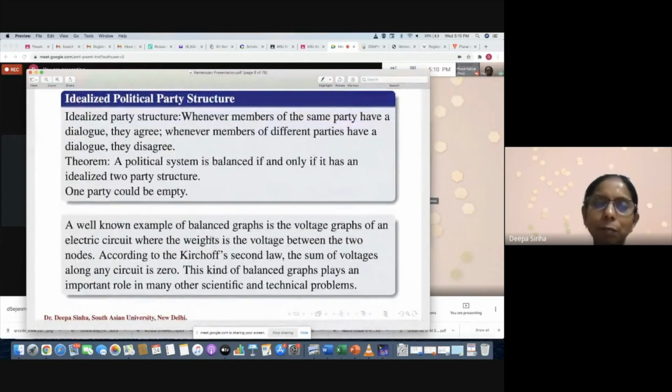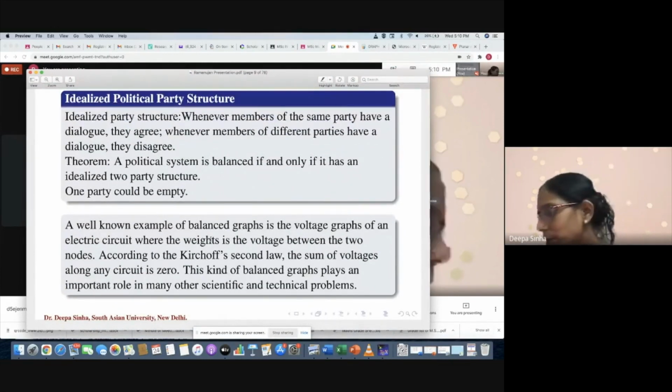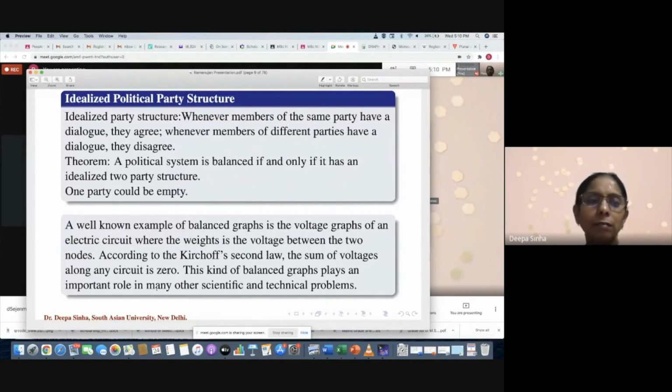Then the political system will be balanced. But when there are so many parties, you cannot obtain the balance, because every party will be speaking for their own party. Different parties may have different ideologies, and they will stick to their own ideology, not complying with the ideology of the other party.